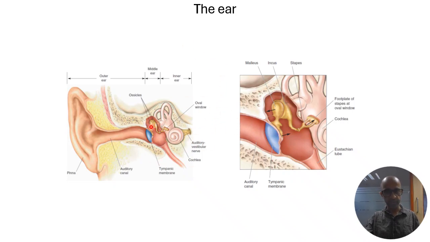You have your tympanic membrane in the inner ear. So your outer ear helps focus the sound inside. In the inner ear, you have the tympanic membrane, literally a flexible membrane that resonates with the sound that comes in.